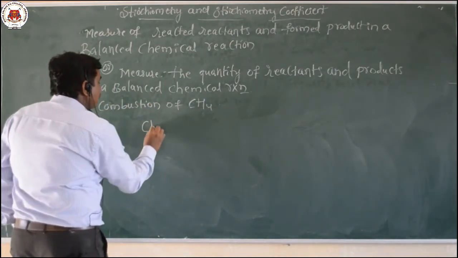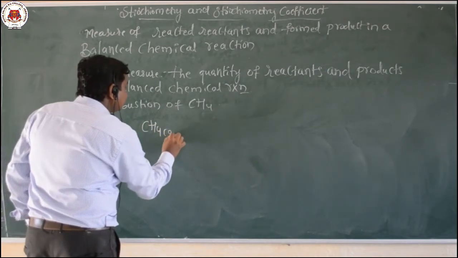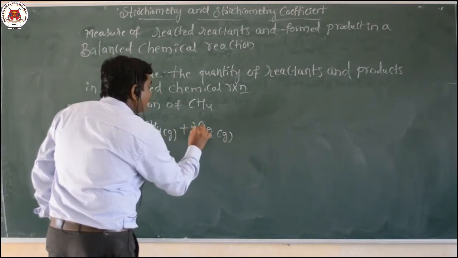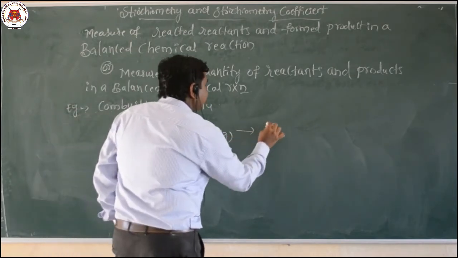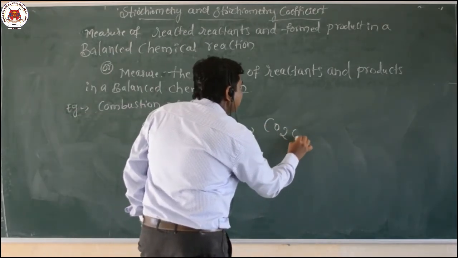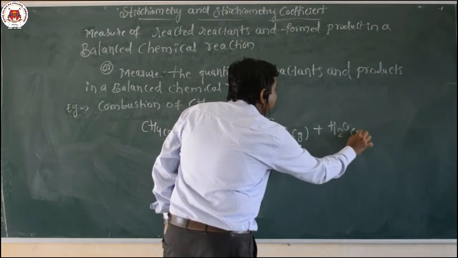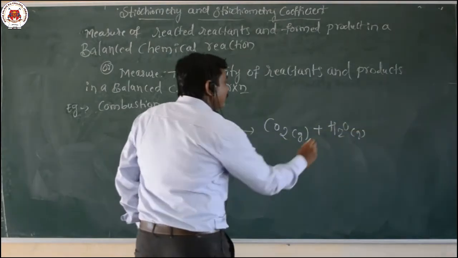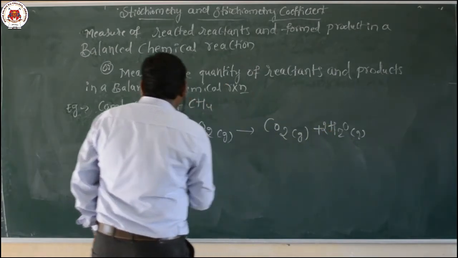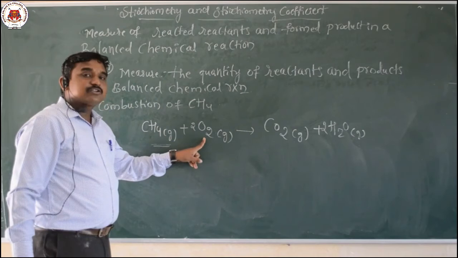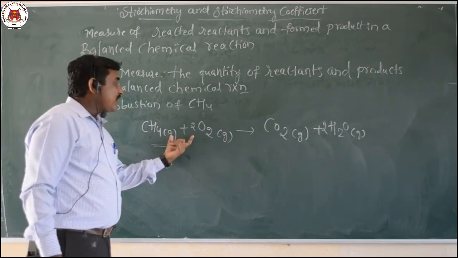After combustion of methane gas, the products formed are carbon dioxide and water. Okay. So here CH4 and oxygen, these two are the reactants.